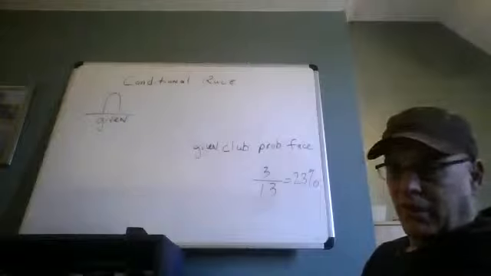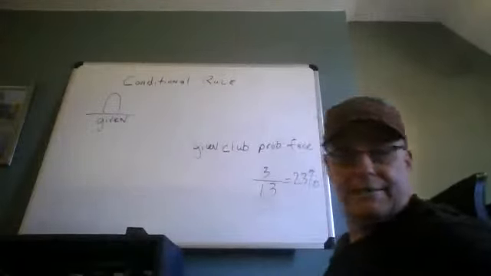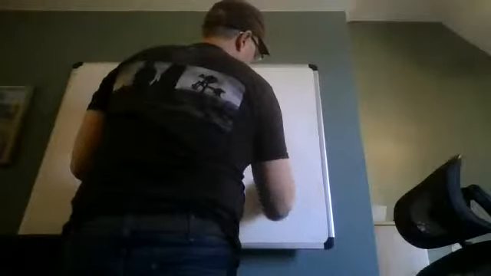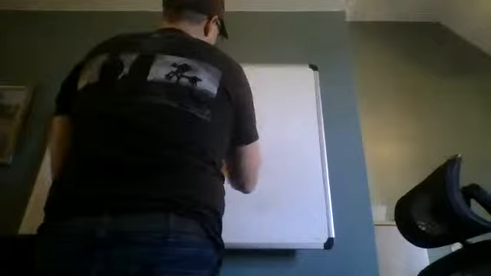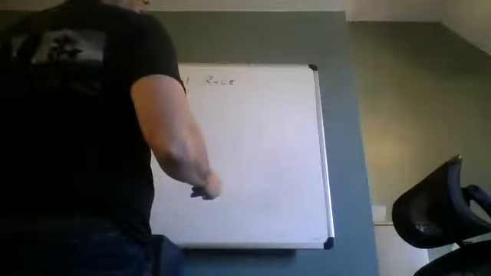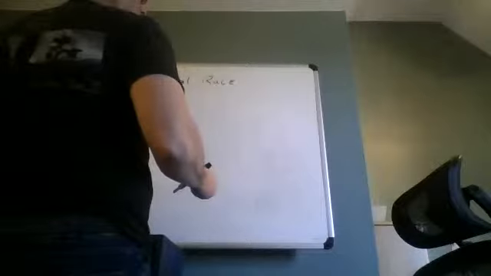Okay, are we feeling good? Let's try another one here. I want to make sure that you got it. Okay, how about given, let me think up a good one.